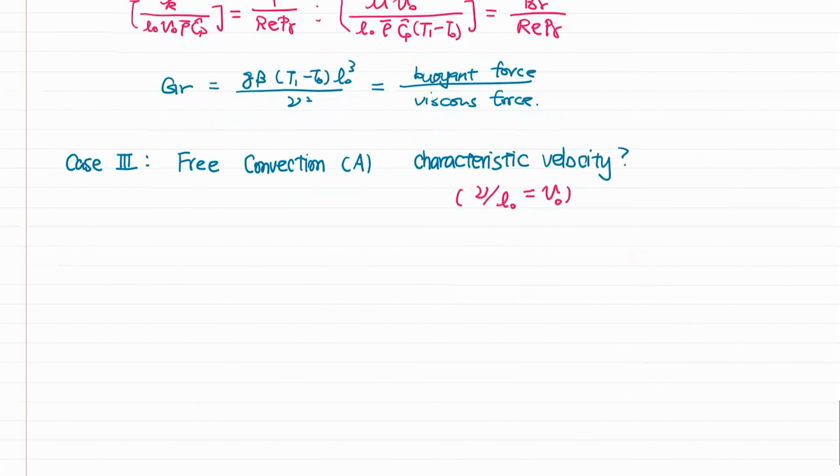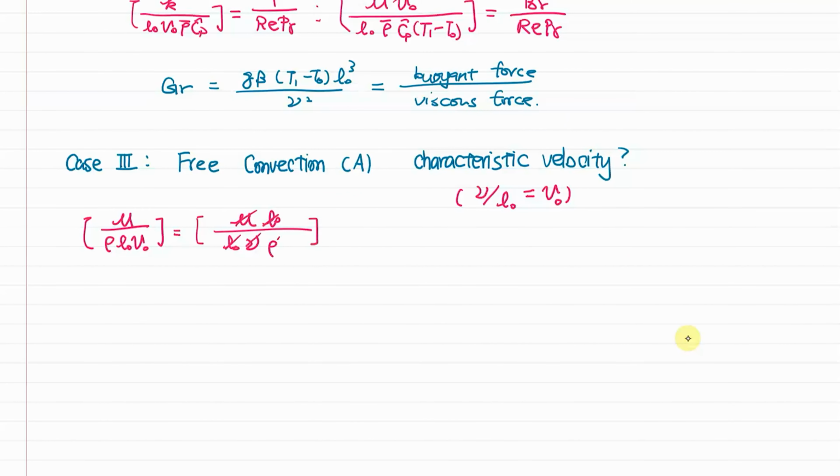In this case, let's take a look at each term again. We have mu over rho L naught V naught, which now equals mu times L naught over L naught, kinematic viscosity, and rho, and that gives us 1.